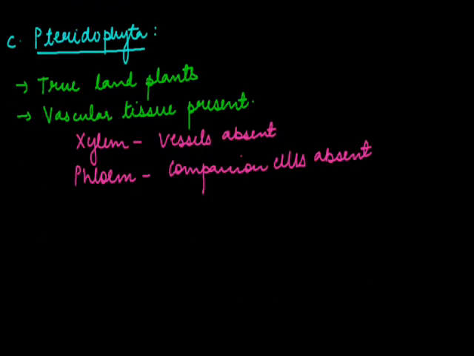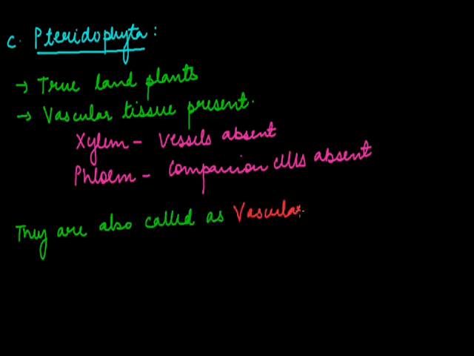Due to the presence of this vascular tissue, they are also called vascular cryptogamous.